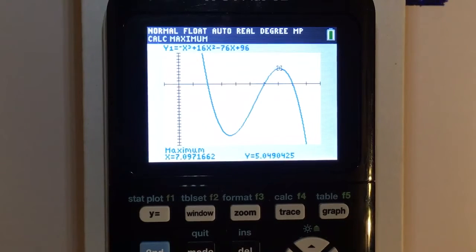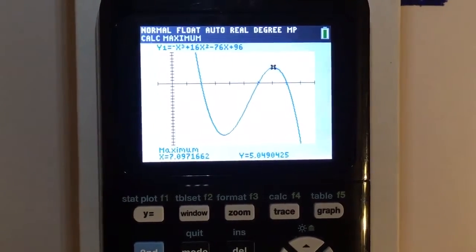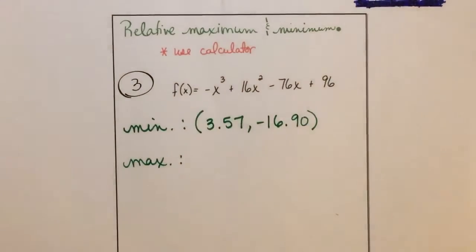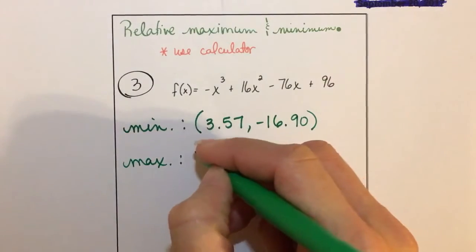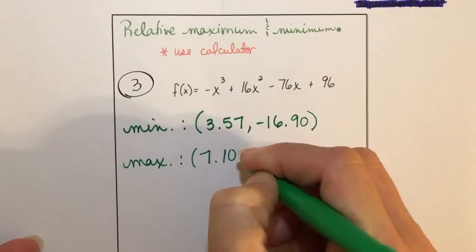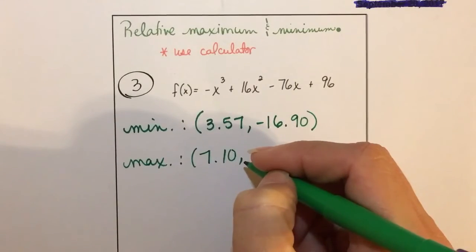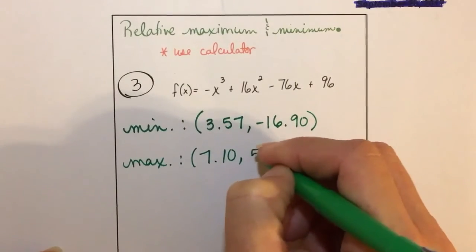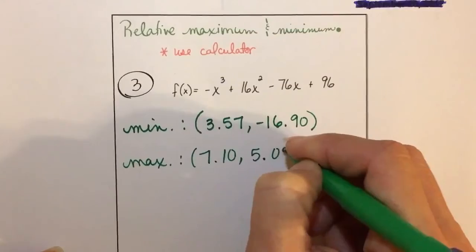And now, rounding this off, again, we'll just do 2 decimal places. So your maximum value is located at 7.10 for the x coordinate, and your y coordinate would be 5.05.